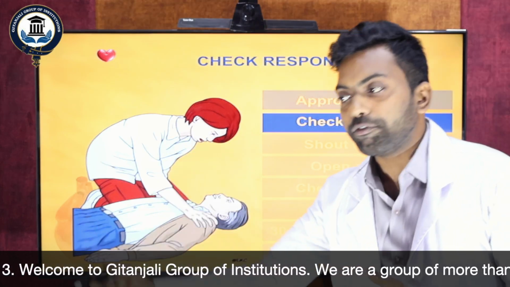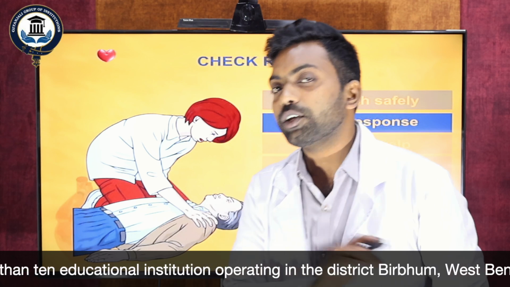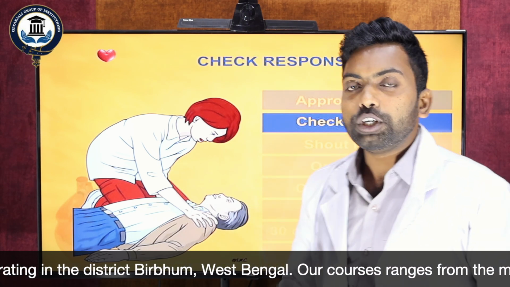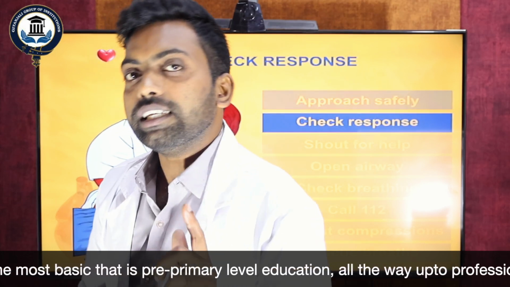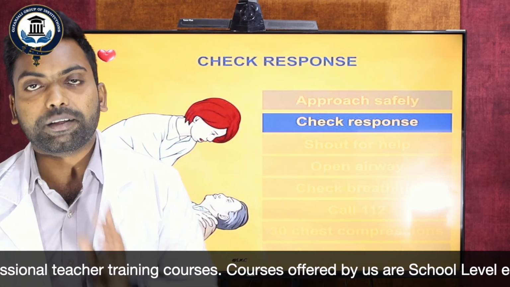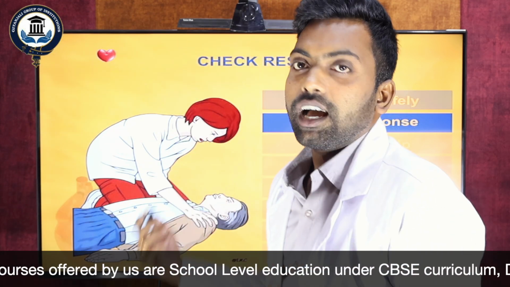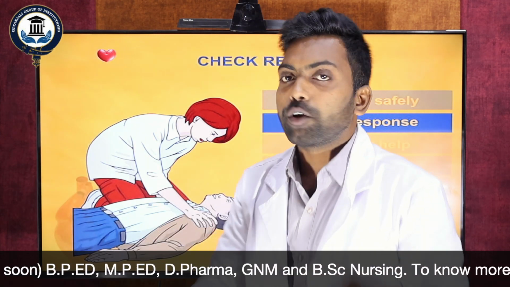The second step, after checking the safety, is check the response. You must remember how to check the response. I want to tell one thing: don't think that every unconscious person has had a heart attack. Our sir told us that when a person is unconscious, we should directly give CPR.